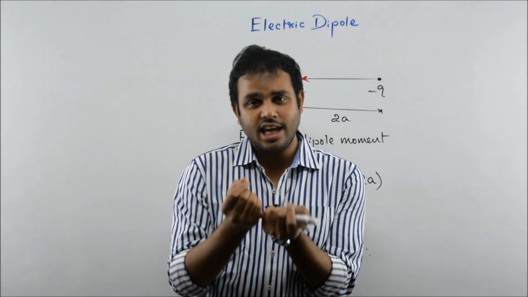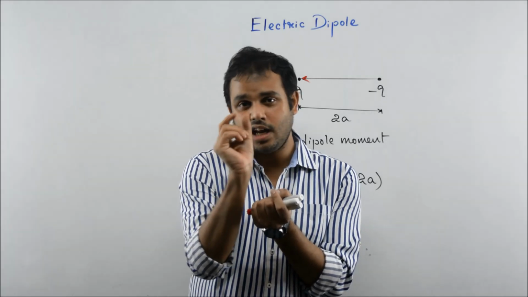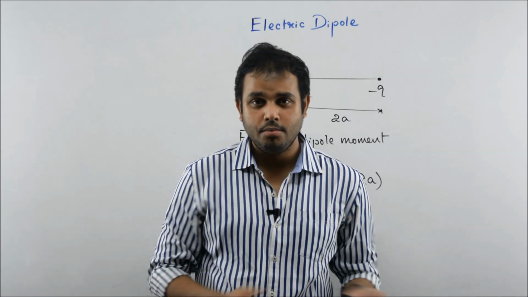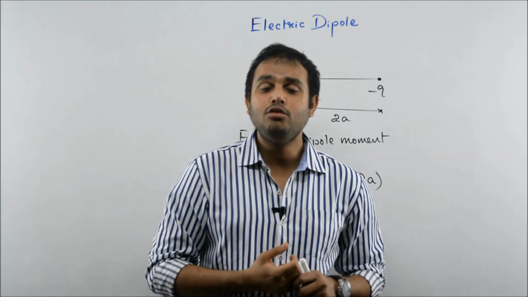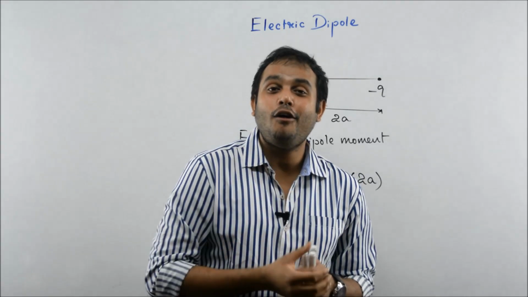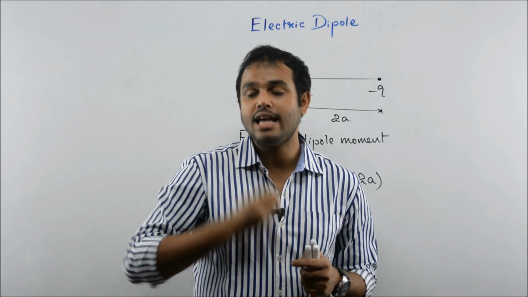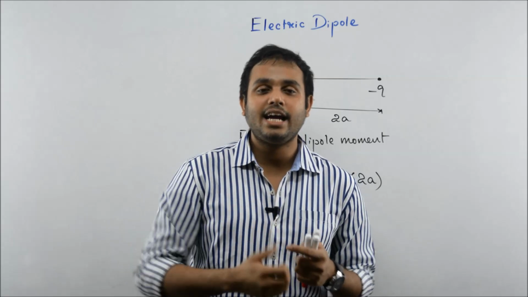We are talking about molecules, so obviously the distance between the positive and negative charges should be very small. So these molecules exist in the form of electric dipole.